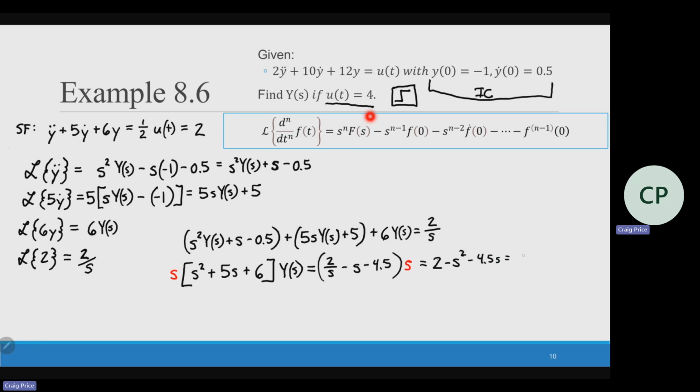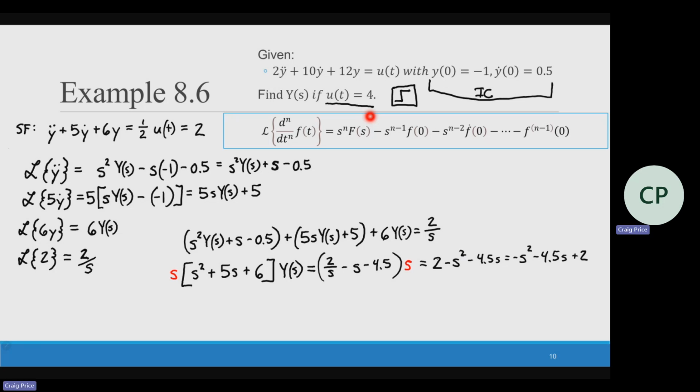And I want to get that in order. So we're going to start with the highest order. So we've got negative s squared minus 4.5s plus 2. So that is on the right-hand side. If we multiply both sides by s, I've got this.